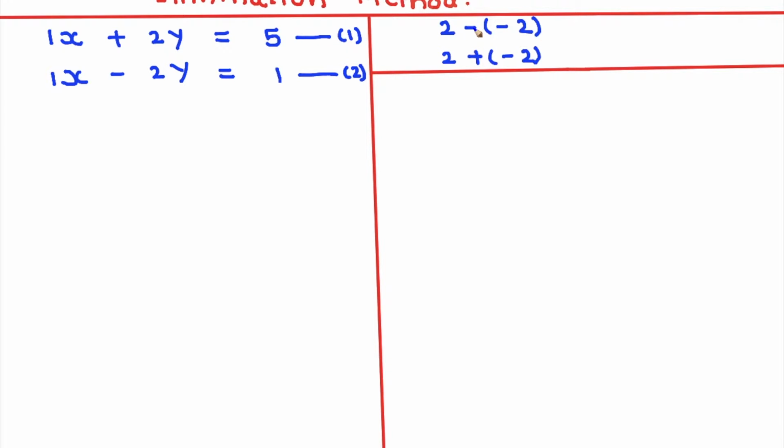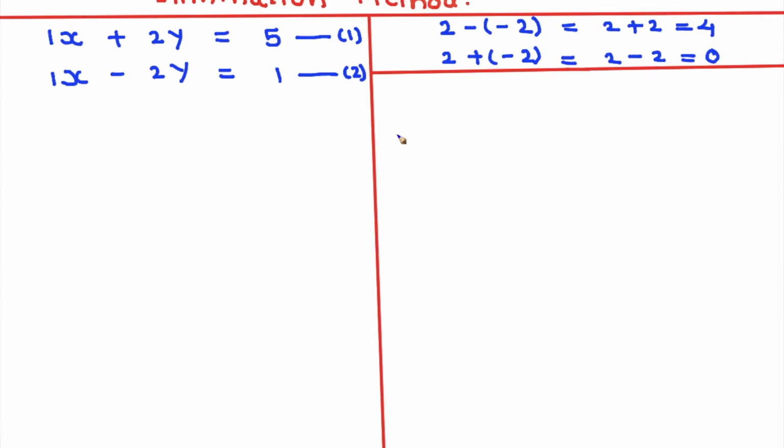If I subtract them, 2 minus minus 2 actually gives me 2 plus 2, which is 4. Whereas if I add them, 2 plus into minus gives me minus, so it is 2 minus 2, which gives me 0. So if two numbers have opposite signs, then adding them will cancel them out. Adding them will eliminate those two numbers.